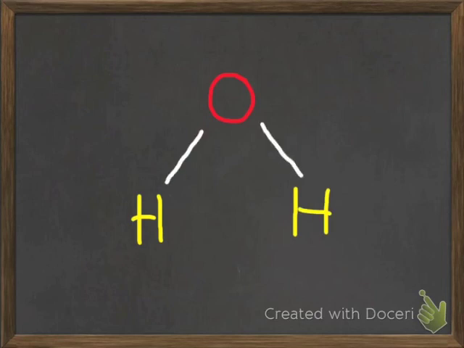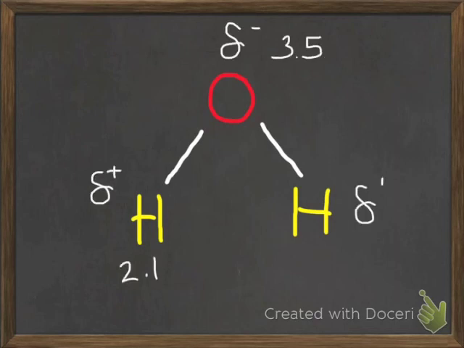Now let's look at how polarity can be affected not only in just one bond, but also in a molecule. Let's look at water, H2O. These molecules have a partial negative charge around the oxygen because oxygen has a greater electronegativity than hydrogen.